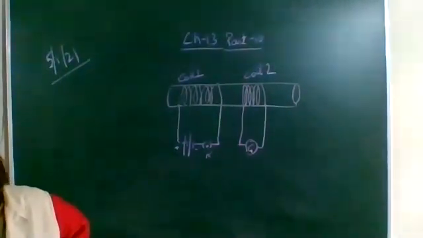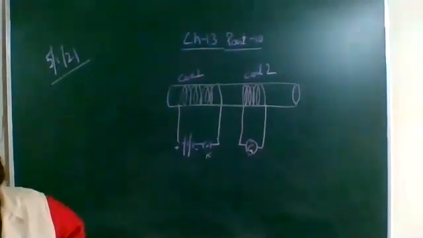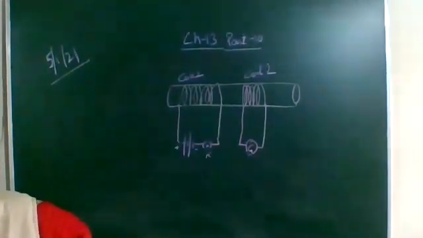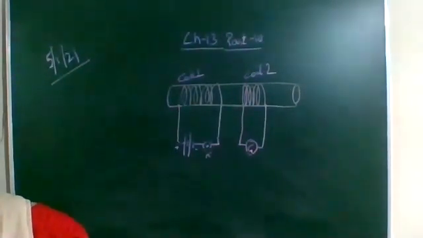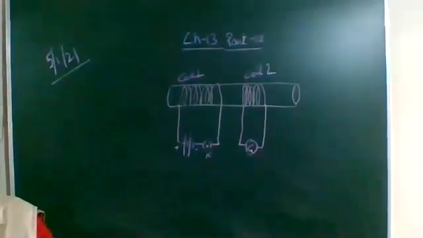This process by which the changing magnetic field in a conductor induces a current in another conductor is called electromagnetic induction. In practice, we can induce current in a coil either by moving it in the magnetic field or by changing the magnetic field around it.